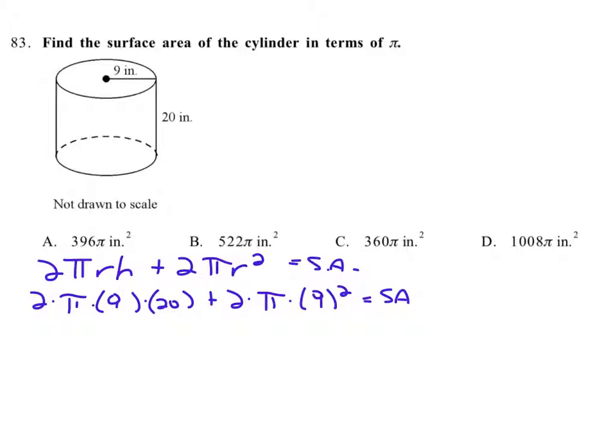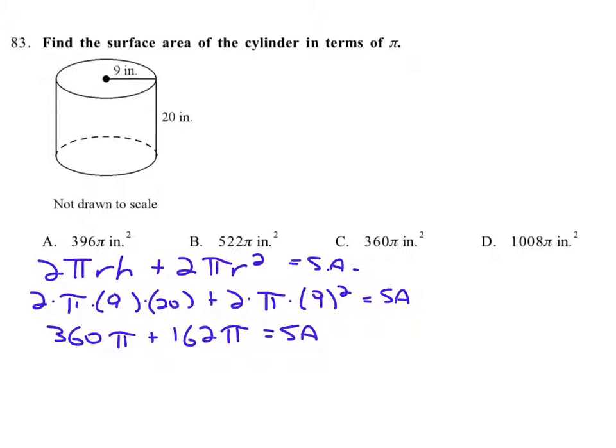So we've got 2 times 9 is 18, times 20 is 360 pi, plus 9 times 9, 9 squared, 81, times 2, 162 pi.